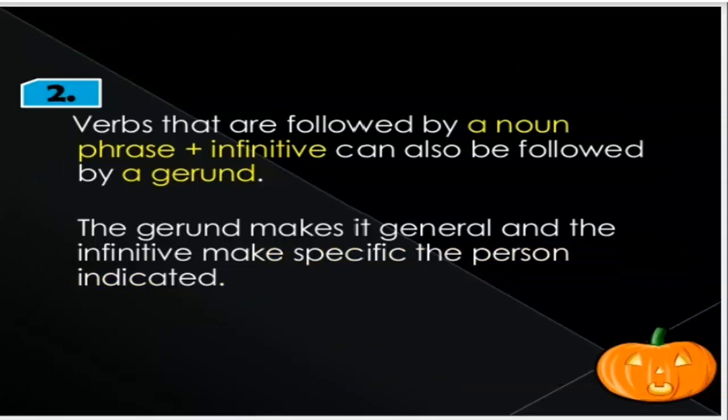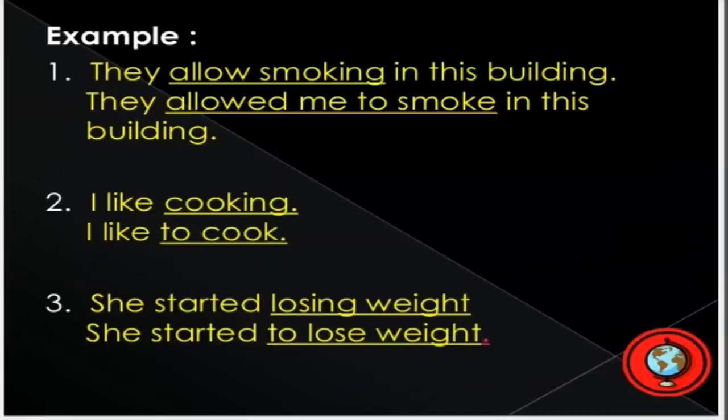In short, the phrase acting as a noun in a sentence is the noun phrase. So whenever we have a verb followed by a noun phrase plus infinitive, it can also be replaced by a gerund. Now the gerund makes the meaning general and the infinitive makes it specific, makes it particular.